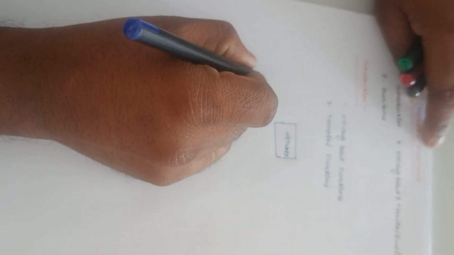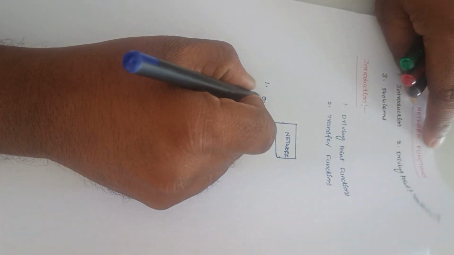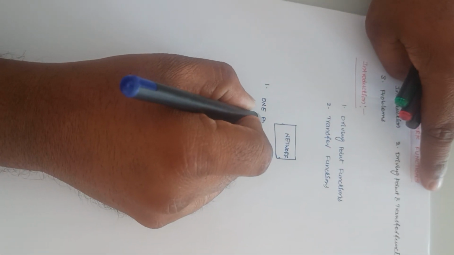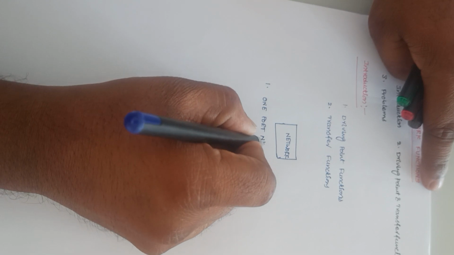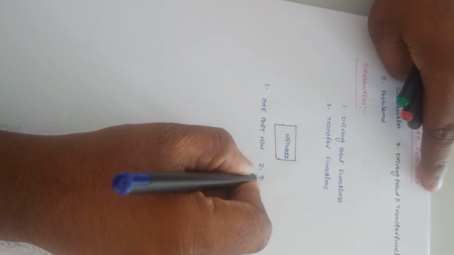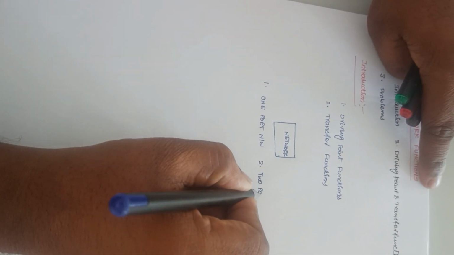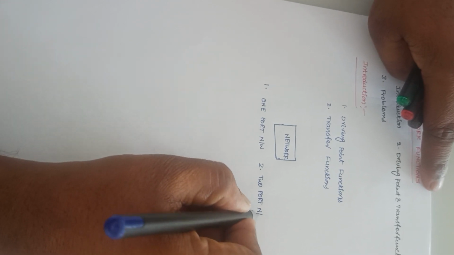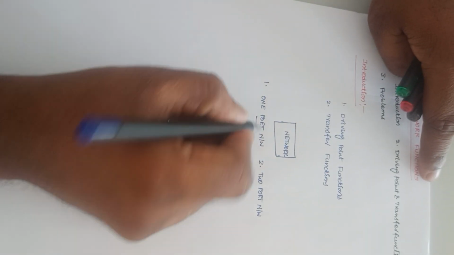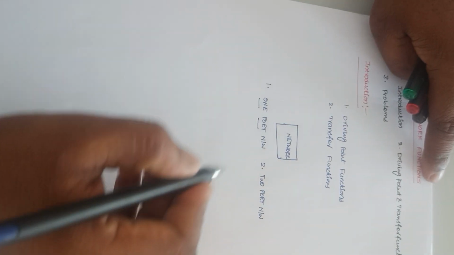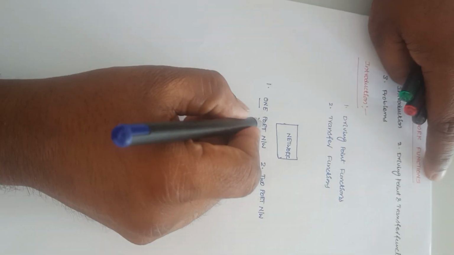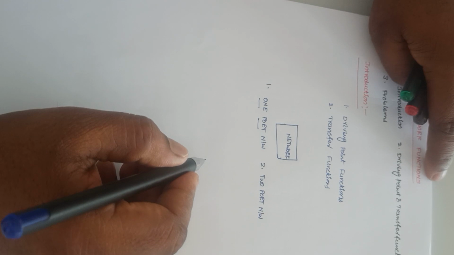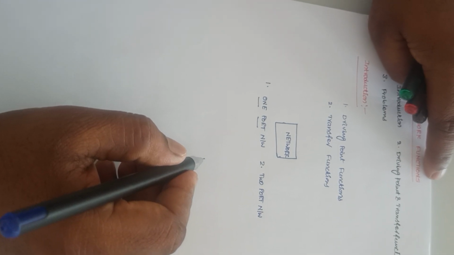Those two types are: one is one port network, and another one is two port network. What is meant by this port and why it is called one port, I will explain here. Port is nothing but two terminals together called as a port.